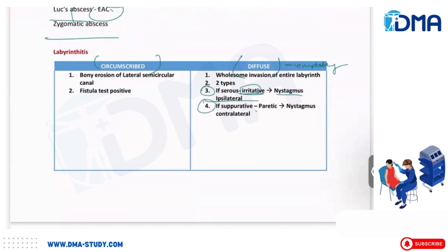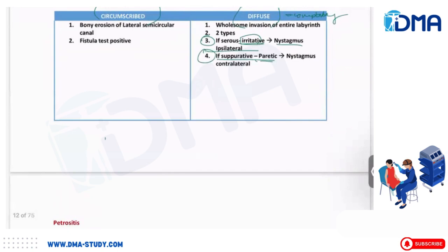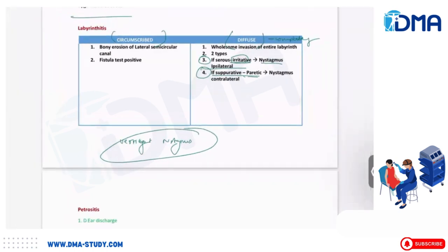If it is suppurative, the nystagmus will be on the opposite side. It's nothing but infection or inflammation of the labyrinth. So if the labyrinth is infected and inflamed, what will you get? Obviously, you will get vertigo and nystagmus.